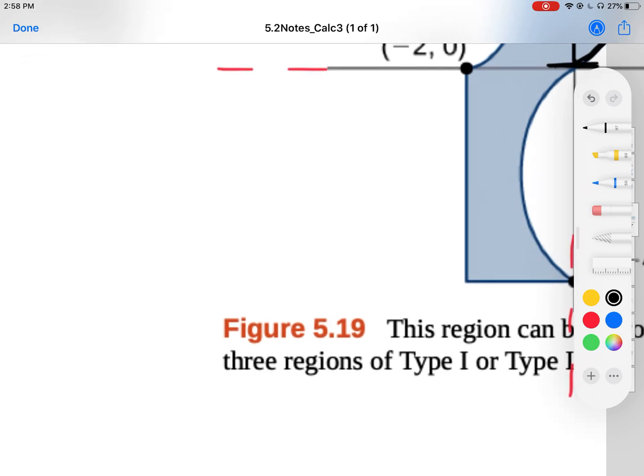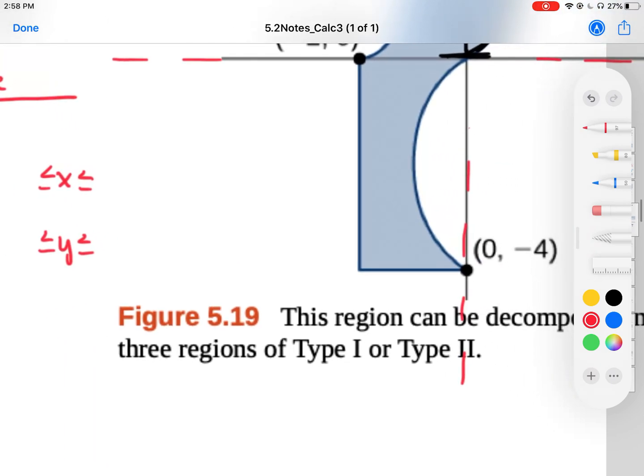Okay, let's take a look at this third region. So again, we want to determine what type we want, type 1 or type 2. And for both, we need to enclose our x values and our y values. Taking a look at this, I think y kind of works better.